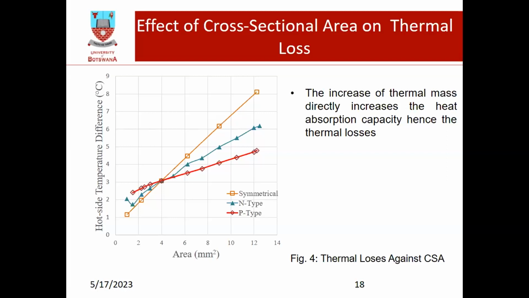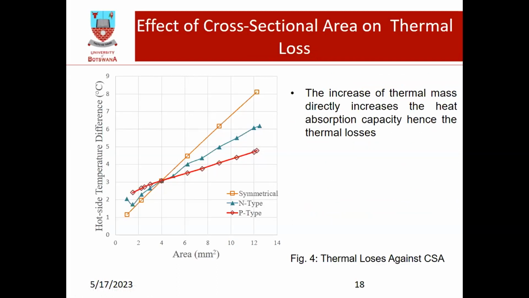The difference with the P-type and the N-type is that the N-type is found to be a universally weaker thermoconductive material as compared to the P-type, hence you'd find a higher thermal conductivity throughout the N-type as compared to the P-type in this situation when you vary the area.